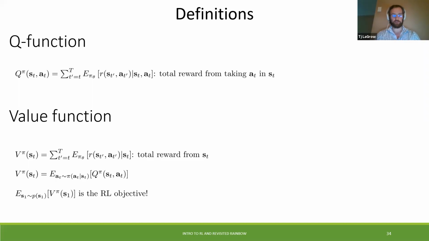Where the value function here is going to be the sum of the expectation of this policy given the state itself. So we want to see what the value of that state is in turn. So given some expectation of a state in a policy, we want to maximize the value given a state. And that is the big crux of the reinforcement learning objective.